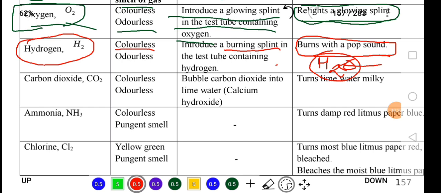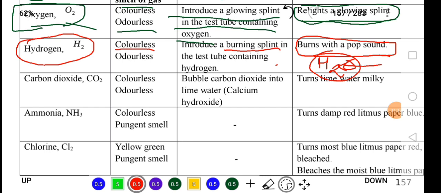That is very important, my dear learners. At that point where we hear the pop sound, that indicates the production of water vapor. At that point, oxygen reacts chemically with hydrogen. Now, since hydrogen is going to burn with a pop sound, that indicates the presence of hydrogen. That is very important, my dear learners. Understand that.